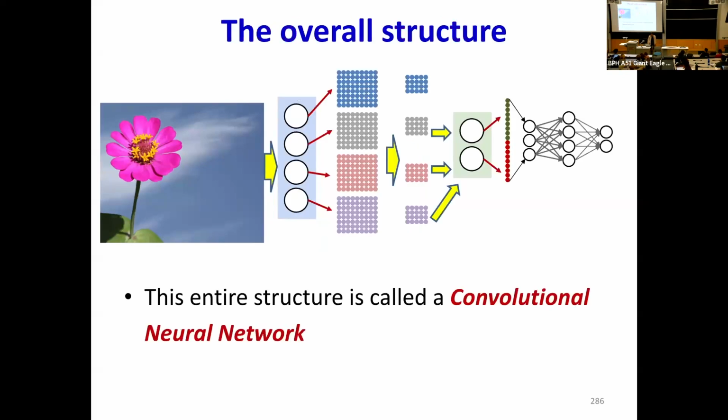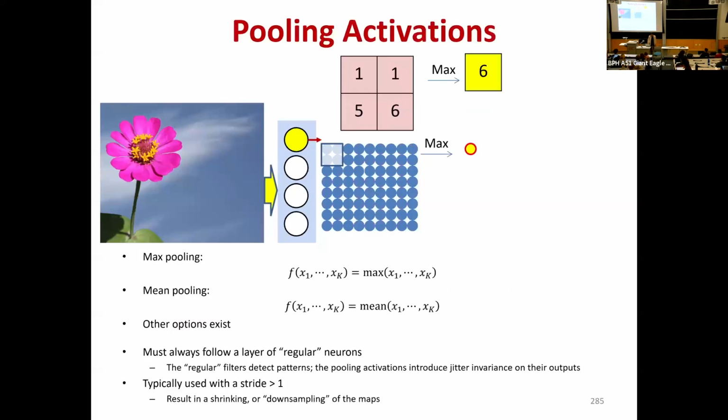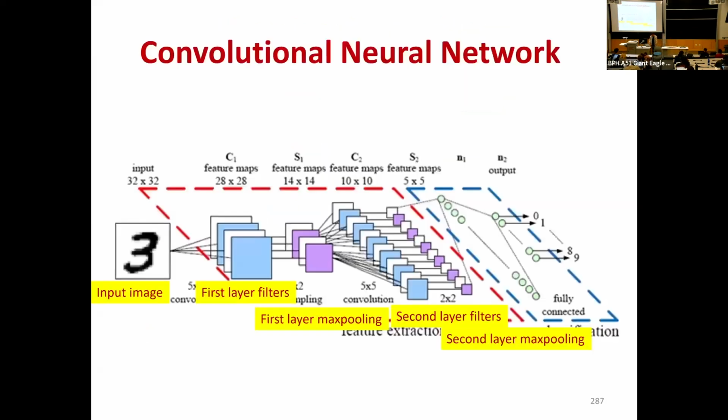At each position, you're picking the largest, or there are other pooling operations. This step is performed immediately after the convolutional layer, to give you a modified map which accounts for jitter invariance, and subsequent layers operate on that.